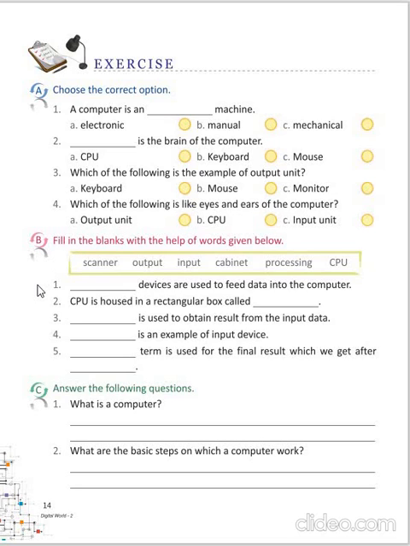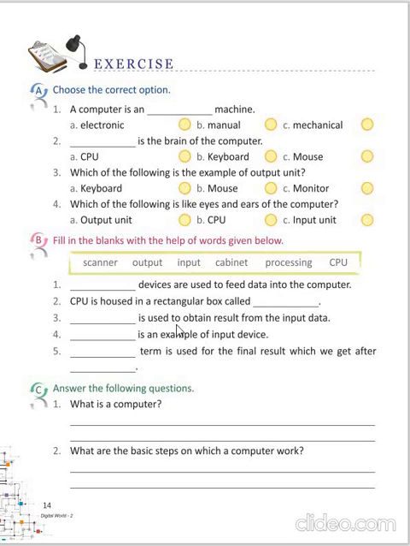Now come to B. Here, children, you have to fill the blanks with the help of words given below. Input devices are used to feed data into the computer. CPU is housed in a rectangular box called cabinet.